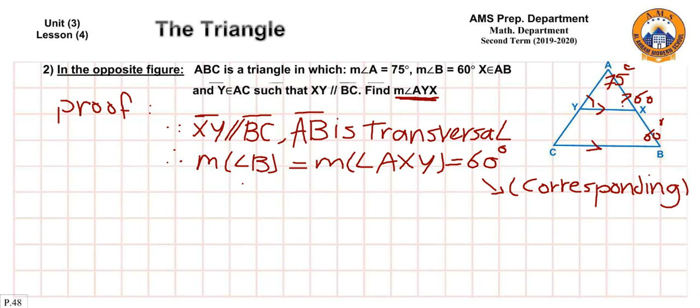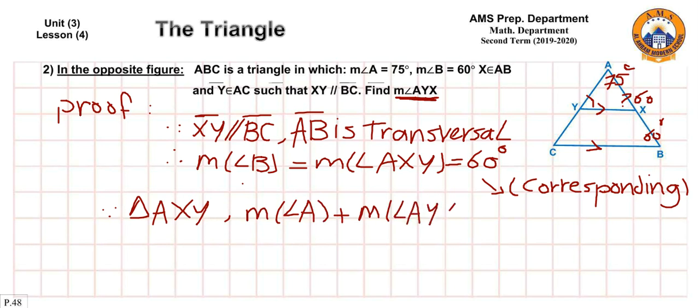Then we will mention that in triangle AXY, the small triangle, the measure of angle A plus the measure of angle AYX plus the measure of angle AXY equals 180, and this is our theorem.